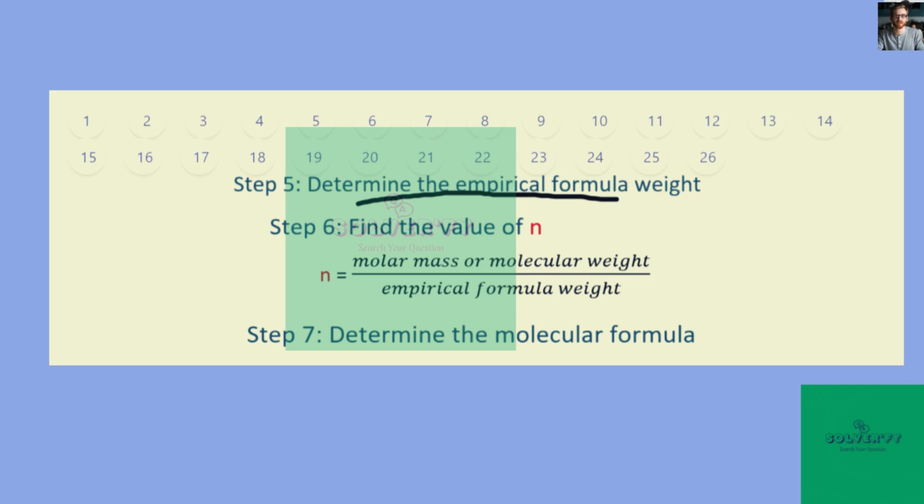And then to find out the molecular formula, we will have to find the value of n, where n is the molar mass or molecular weight of the substance over its empirical formula weight. And then finally, in step 7, we will determine the molecular formula from the value of n. Now let's go to our first problem.